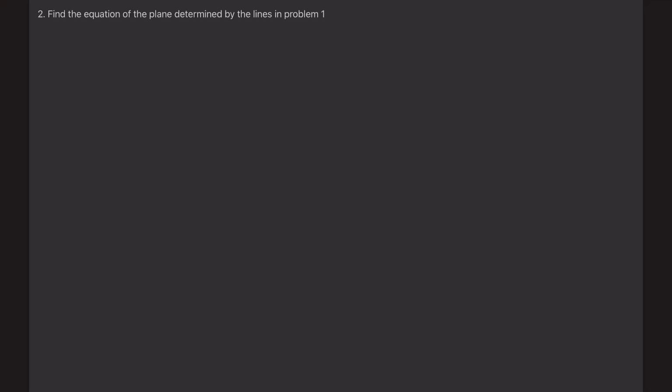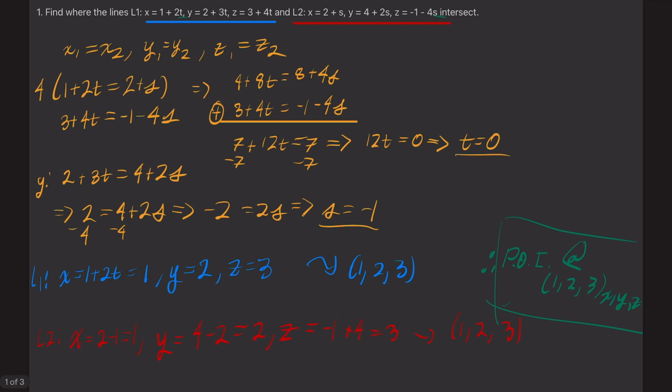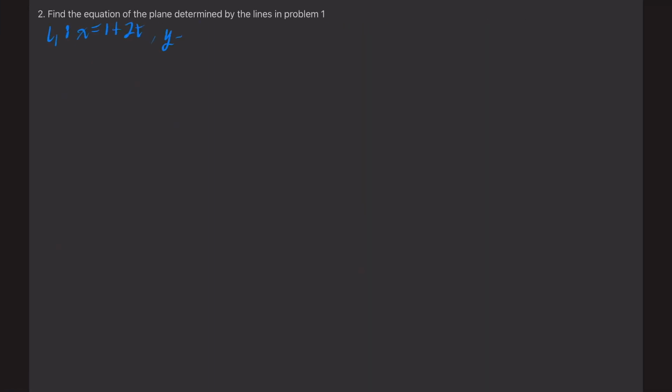So, as I said before, problem 2 is find the equation of the plane determined by those lines from problem 1. So, line 1 is defined by the parametric equations x equals 1 plus 2t, y equals 2 plus 3t, and z equals 3 plus 4t.